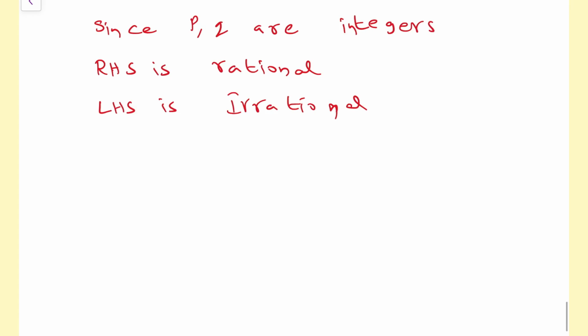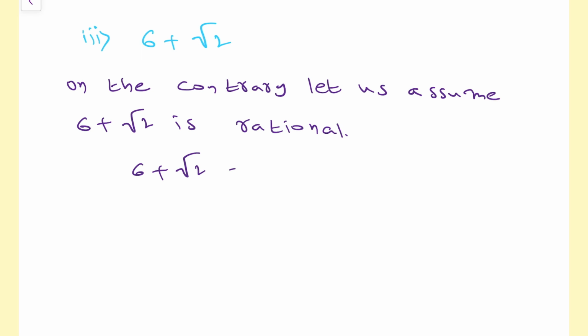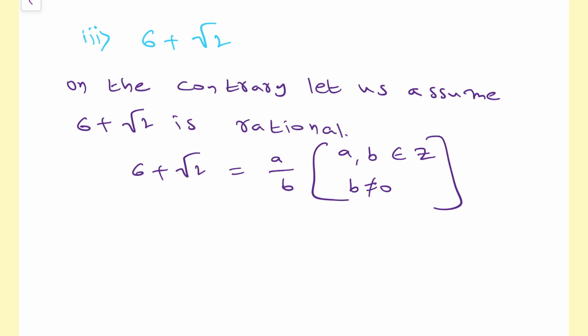Next, in this third bit, the last question, 6 plus root 2. First statement as usual, on the contrary, let us assume 6 plus root 2 is rational. 6 plus root 2 equals a by b, where a, b belong to integers, b not equal to 0.